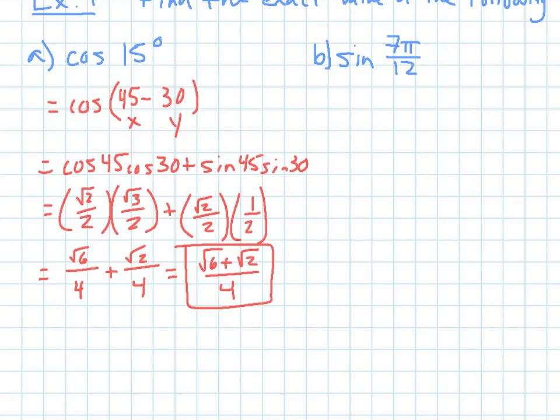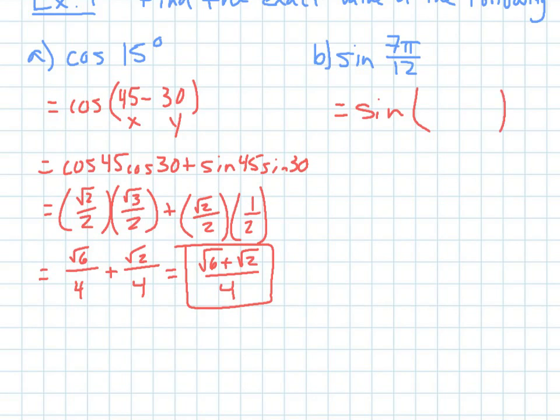Okay. So letter B, now here you're in radians, but you want to find two values that either add or subtract to get you 7 pi over 12. So obviously we're going to use sine.